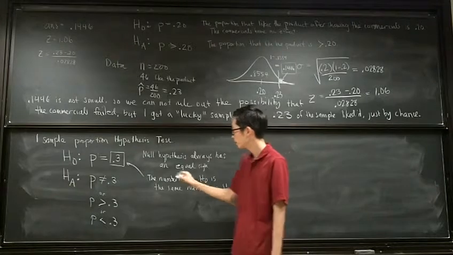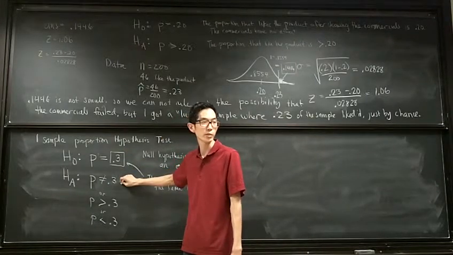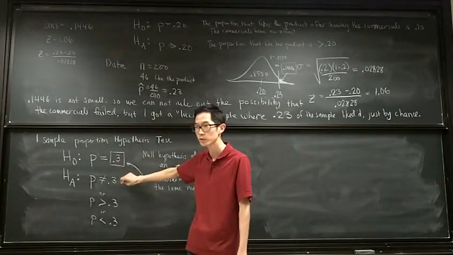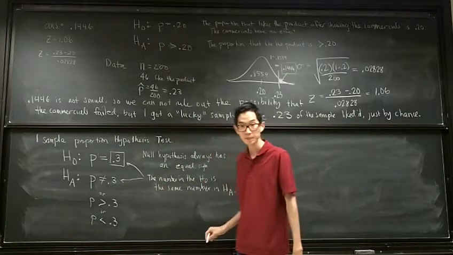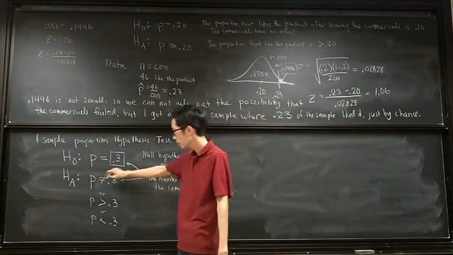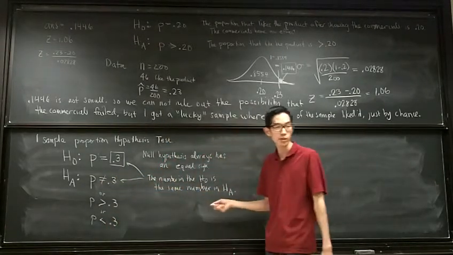So a common mistake is using one number here and a different number here. Don't do that. Whatever number you put in the null is the number that's going to be in the alternative. The alternative can have not equal to, greater than, or less than, depending on how the question is written.